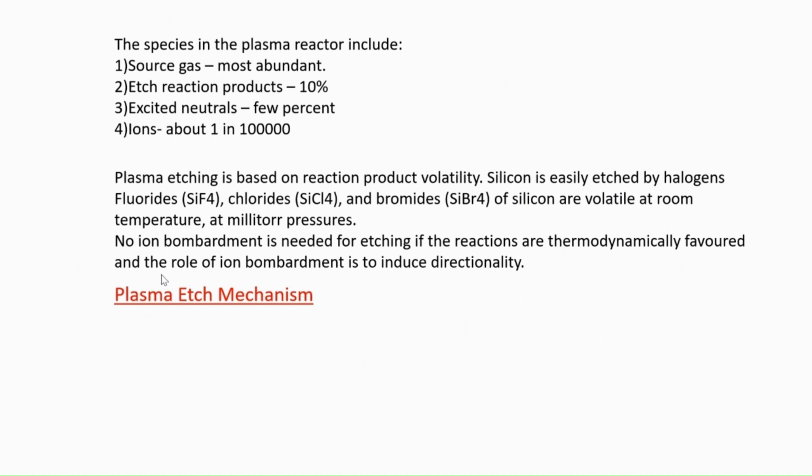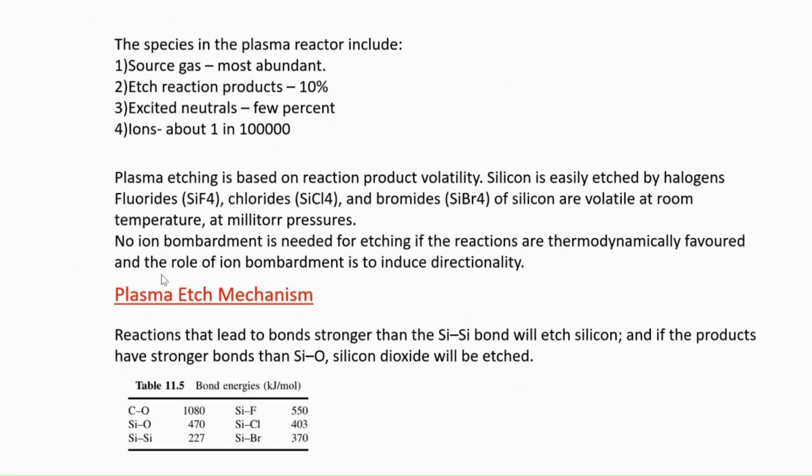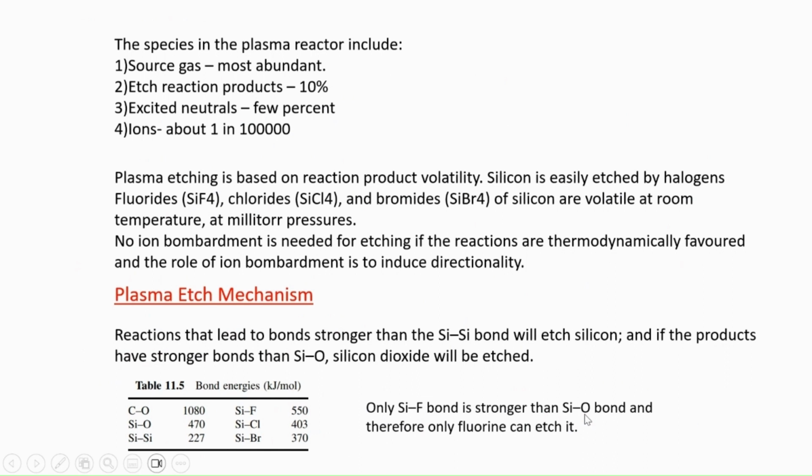And the plasma etch mechanism: a reaction that leads to a bond strength stronger than the silicon bond will etch silicon. If you want to etch anything, the bond formed should have higher bond strength than your original material. For example, if I want to etch silicon oxide, the silicon-oxygen bond energy is 470, and only Si-F is stronger than that.